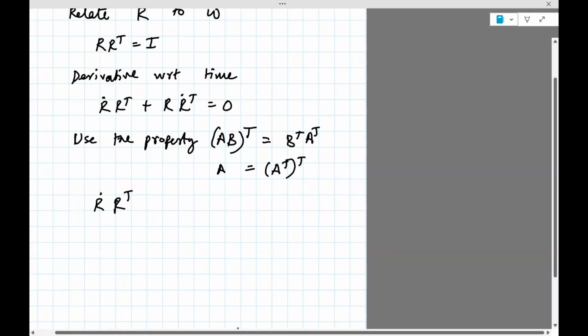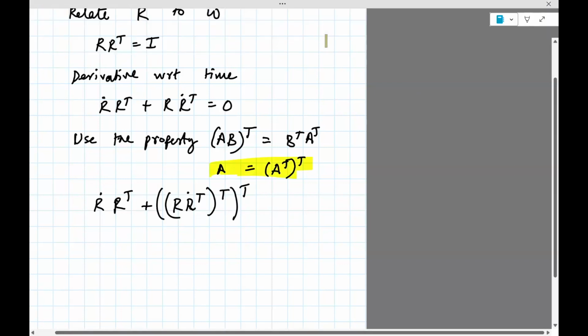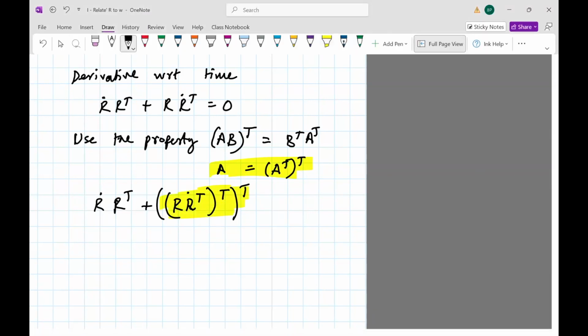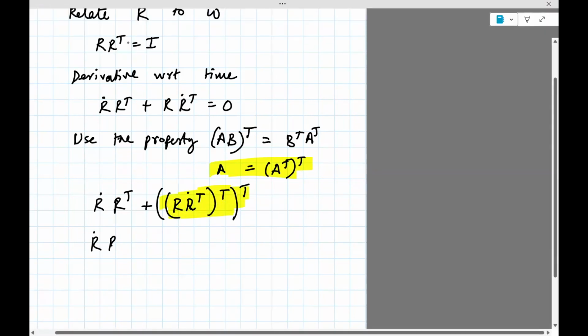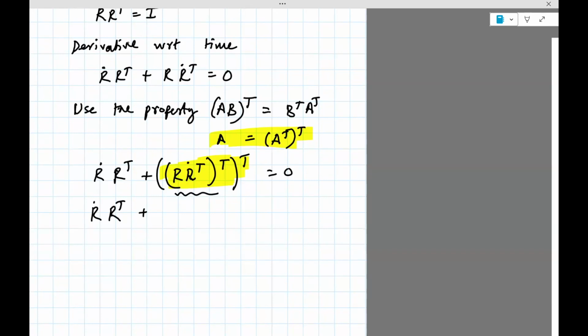I'm going to take the second expression and write the two transposes, one transpose and then the second transpose. Now, given that this is the transpose of AB, I'm going to use the first identity.